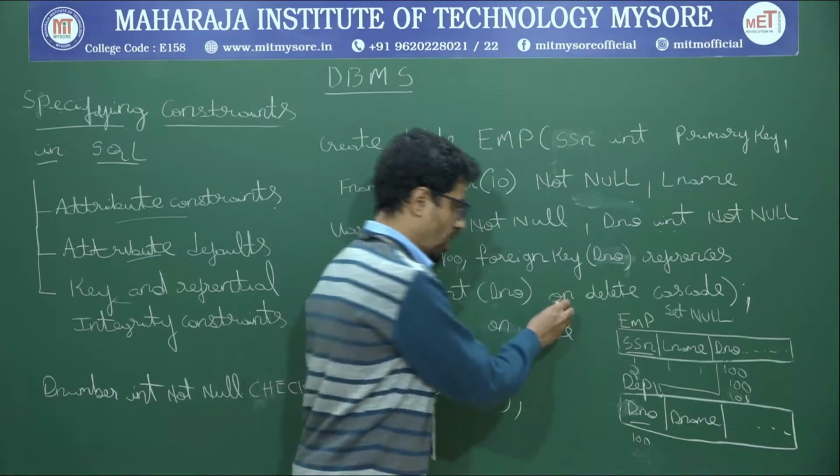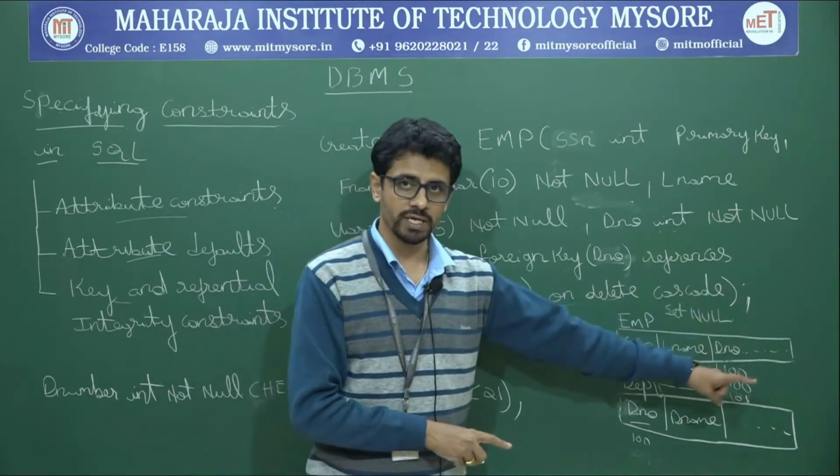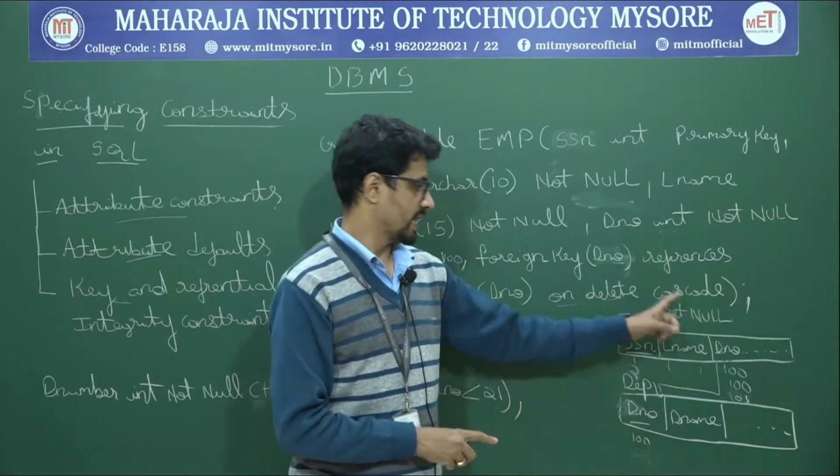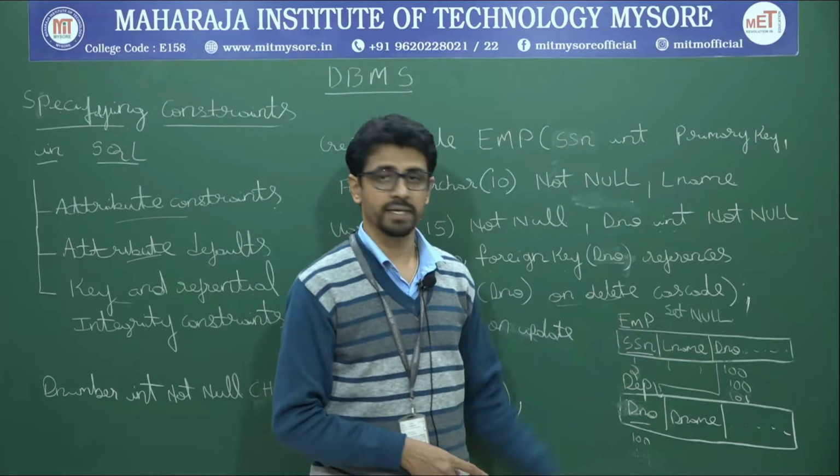So automatically when you delete something in the primary key table, if that value is used in the foreign key table, perform the cascading operation. Cascading what? Whatever you do here should be replicated here.